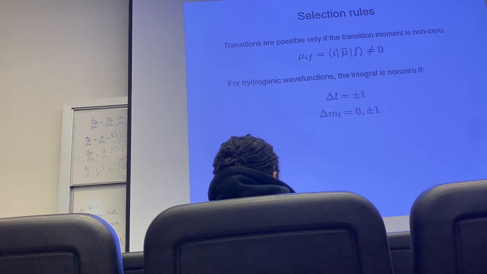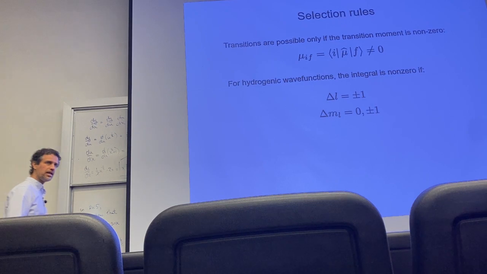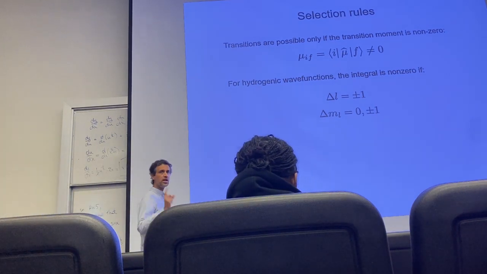The most important restriction is that delta L, the change in orbital angular momentum quantum number, must be 1, either +1 or -1, it doesn't matter. So there must be a change in the angular momentum quantum number of the electron when I excite it from one state to another state with light.